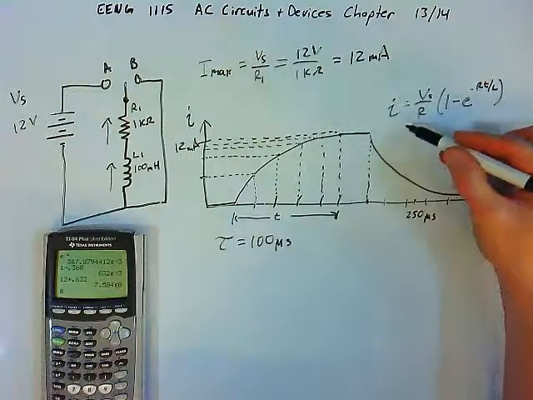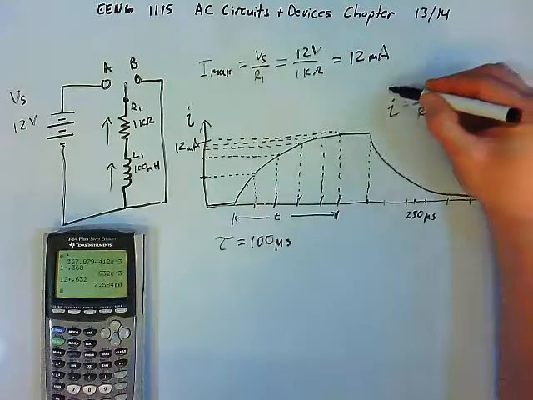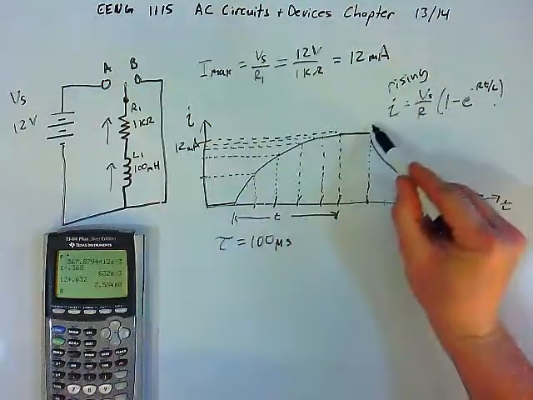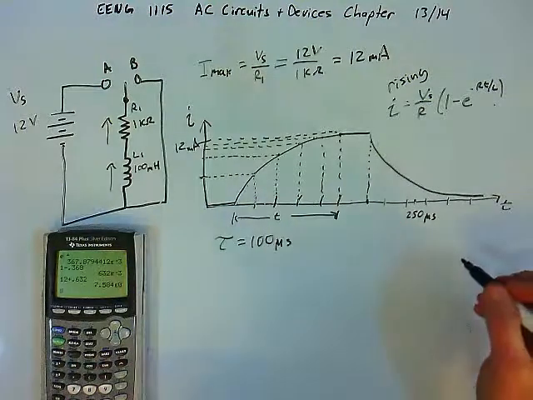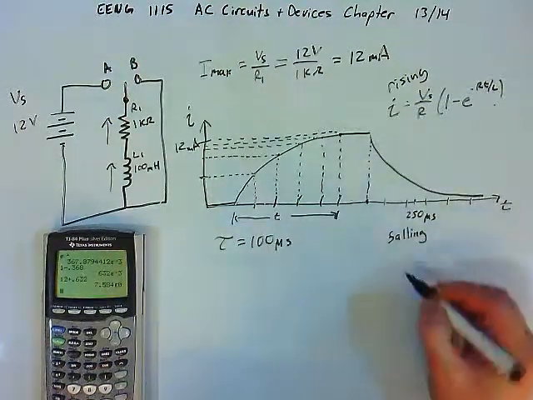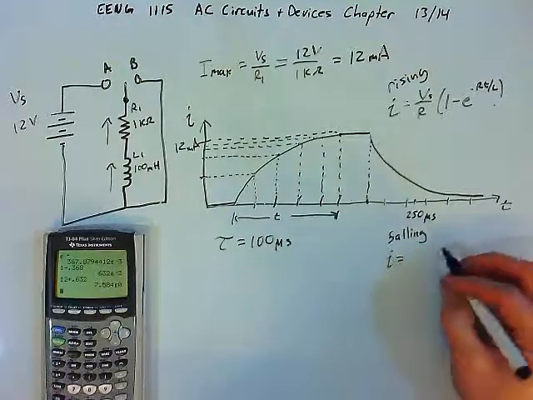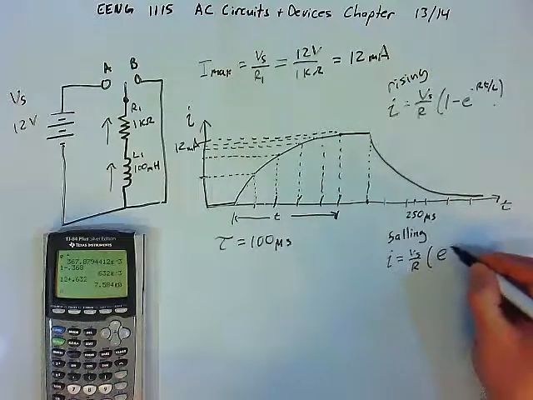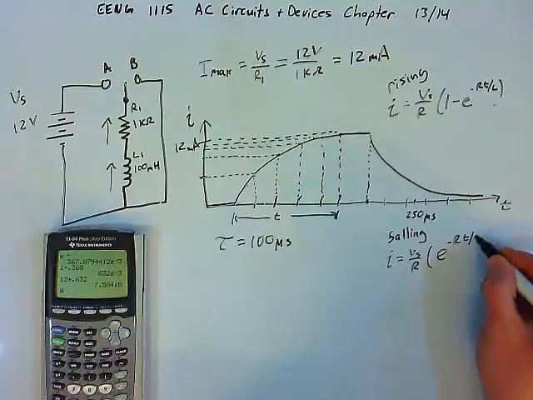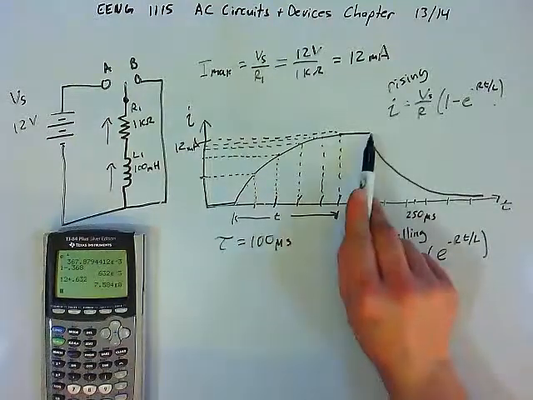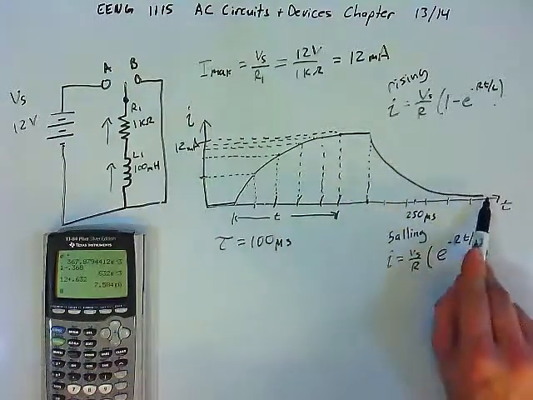If you remember, this formula is for rising currents, rising currents in an inductive circuit. For falling currents, we'll say that the instantaneous current is still Vs over R, but this time it's just times e to the negative Rt over L power, without the 1 minus. So this will be for falling currents. This is when the magnetic field is collapsing.